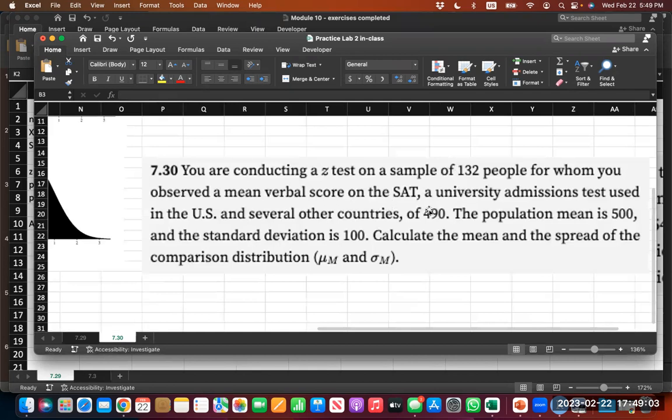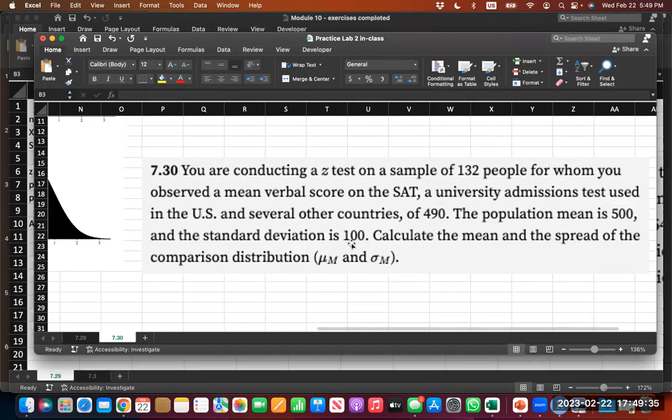So we have here an X bar of 490, a mu of 500, an N of 132, and a sigma of 100. That's important to keep in mind because this is a SAT test. You need to be able to identify that this is a sigma and not an S. The difference is that it comes from the population, because it's in the same sentence: the population mean is 500, the standard deviation is 100.